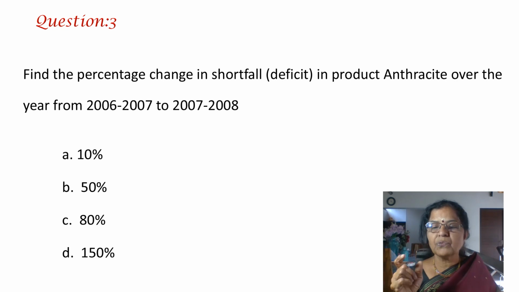So you have to find out what change has happened in the deficit. Actually, there is a deficit in the year 2006 and 2007, and also in the following year. There is a deficit of the product. But what is the change in the deficit? And what is the percentage? You are going to find out. So this is the question.